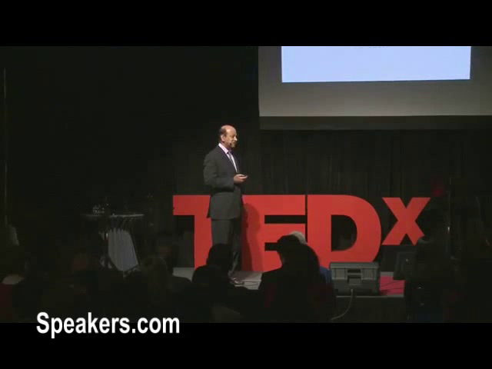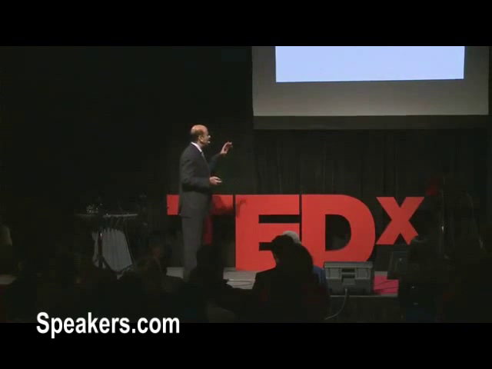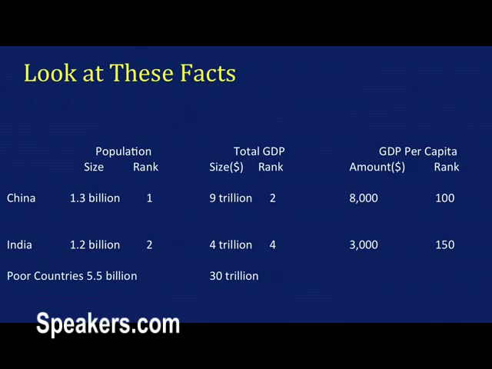Why is this going to be a significant phenomenon? Let's look at some facts. What this block tells you is there are about 5.5 billion people in the so-called developing economies. That tells me developing economies are the bulk of the consuming base.